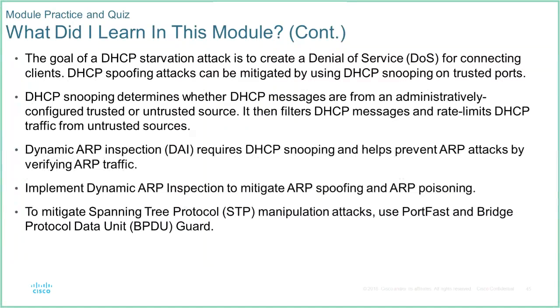Another thing we can add to that is our ARP inspection, and this has to have DHCP snooping enabled for us to do the deep inspections required of ARP to prevent exploitation of the ARP protocol.